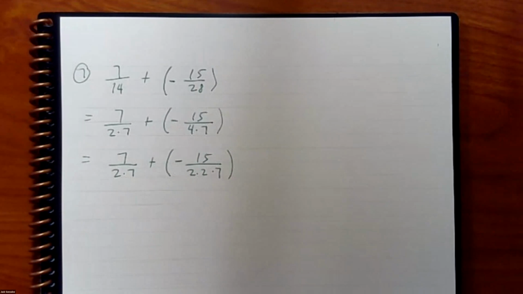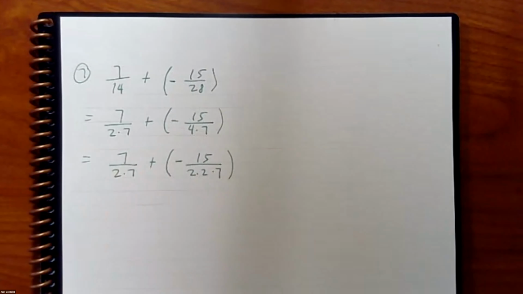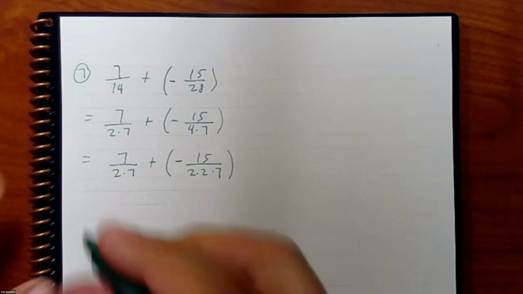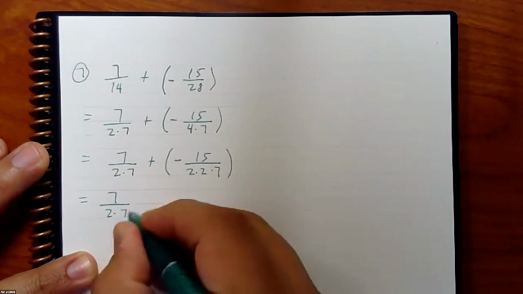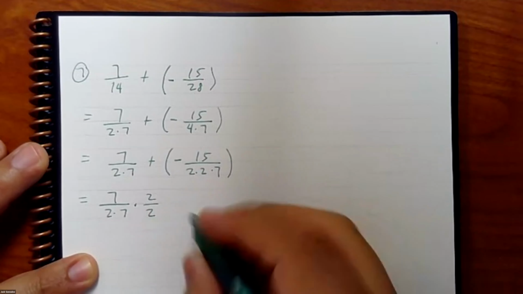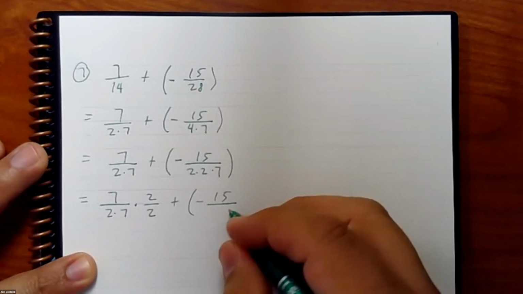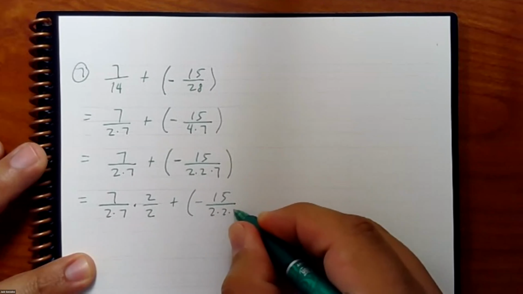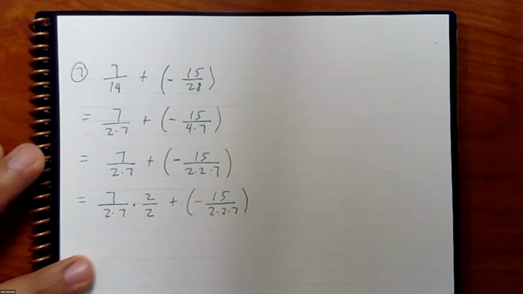Because we said to go down to prime numbers. So it's better to go down to prime, that way we know exactly what's missing. This has a 2 and a 7. This one has a 2 and a 7, but it has an additional 2. So this guy needs a 2. See what I mean? So you only need to change one of them. This one needs 2 over 2, and they will be the same. Right, 2, 2, 7, 2, 2, 7. We're good.